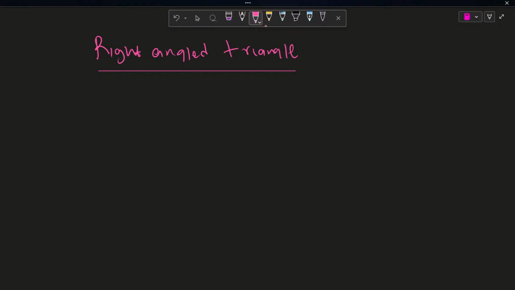Let me try to get maybe an ugly one. A, B, C. 10 meters. 6 meters.